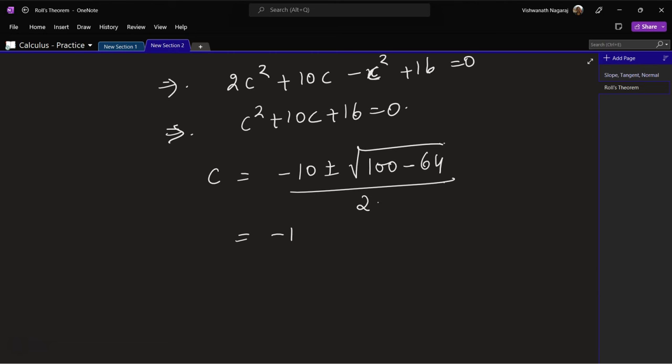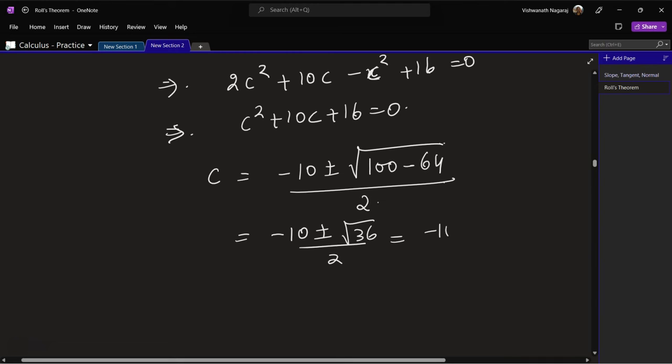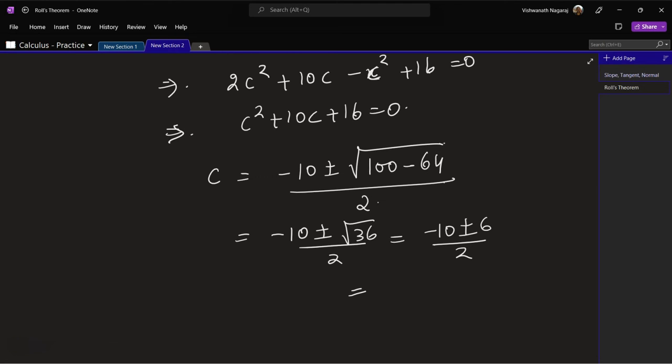Okay, so this becomes minus 10 plus or minus square root of 36, by 2, is equal to minus 10 plus or minus 6 by 2, which is equal to minus 4 by 2, or the other solution is minus 16 by 2. So which gives us minus 2 and minus 8.